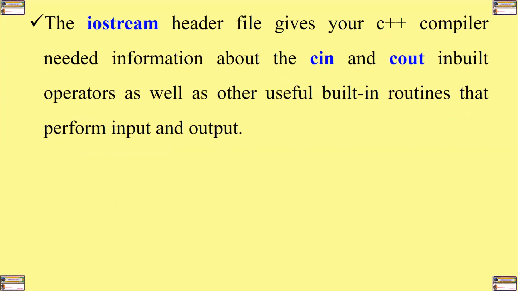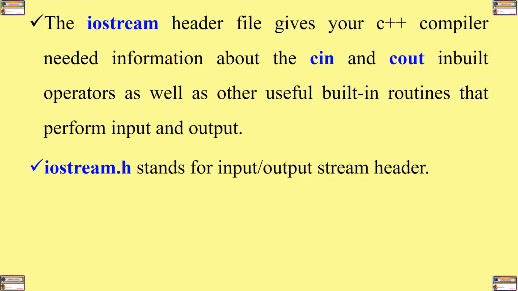The iostream header file gives your C++ compiler the needed information about the cin and cout inbuilt operators, as well as other useful built-in routines that perform input and output. The iostream.h stands for input/output stream header.